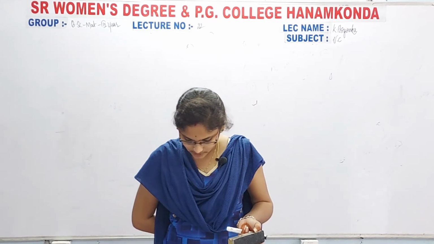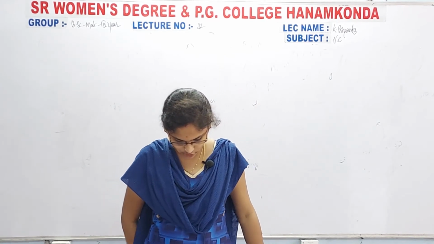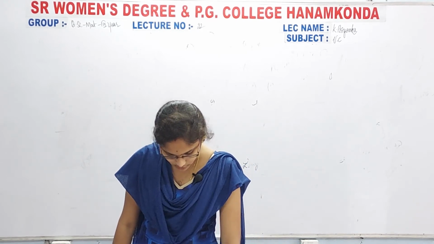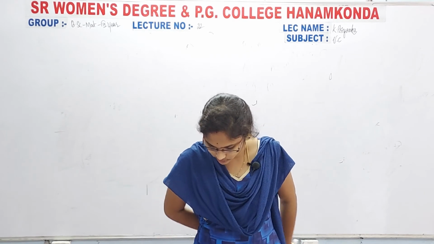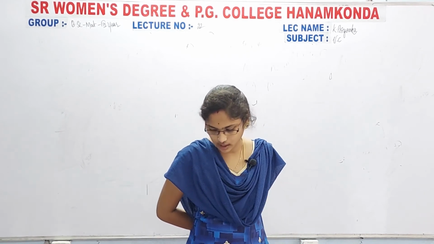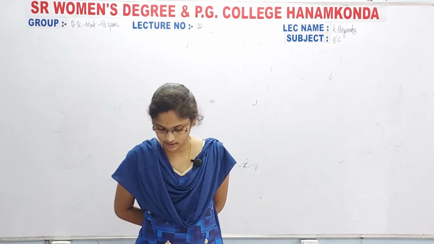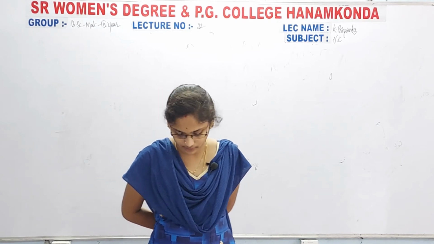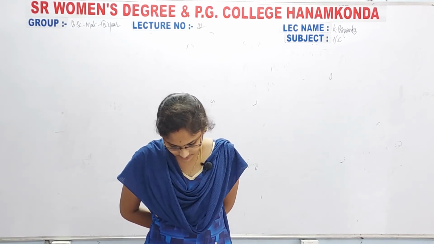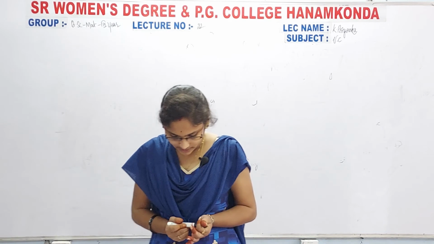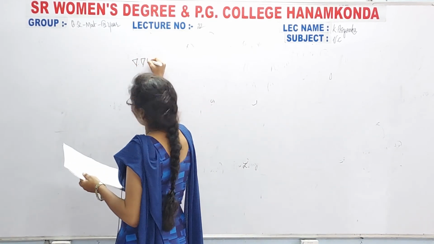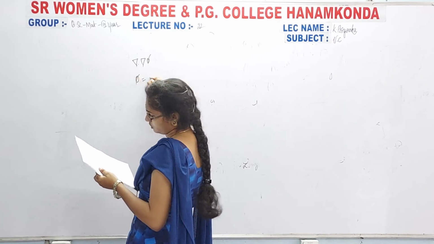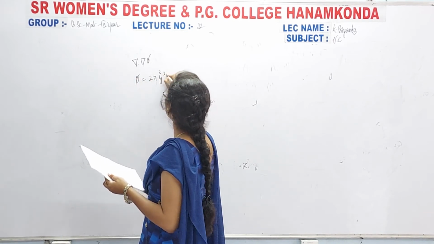Next here I am going to give the hints to you girls. The 36th problem is: show that both the divergence and the curl are linear operators. I will discuss that one. Next, 37: find grad of grad phi, where phi is equal to 2x cube y squared z power 4.